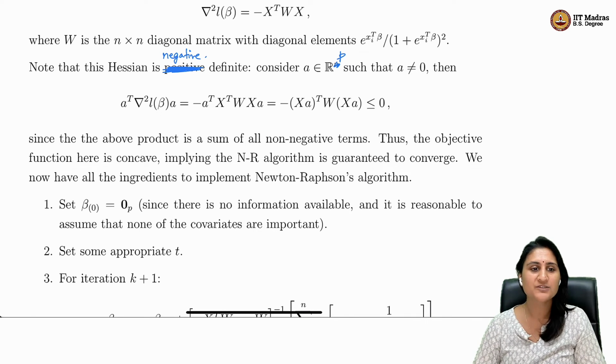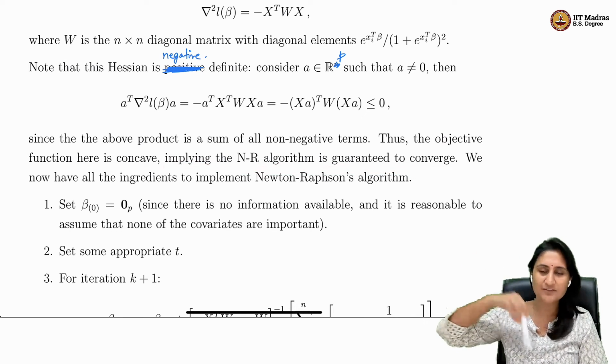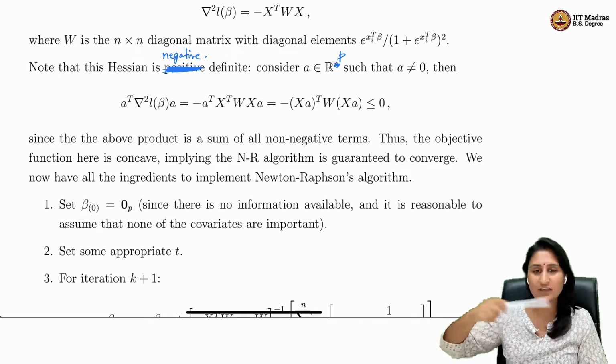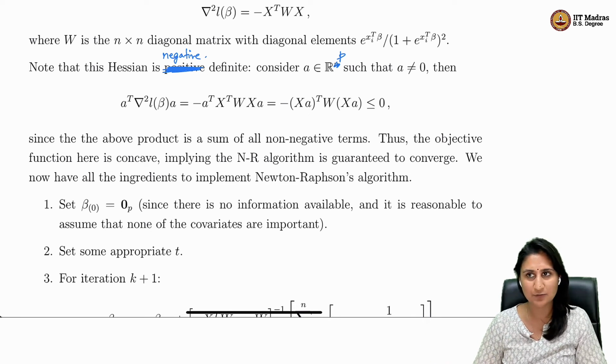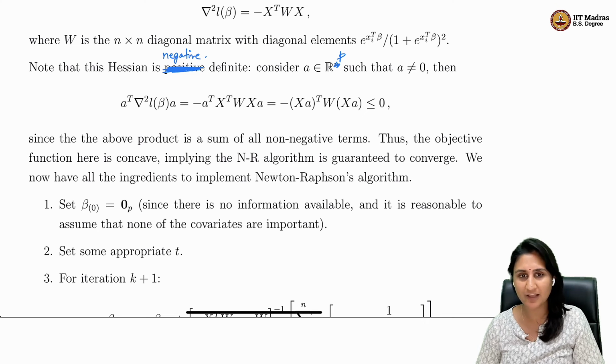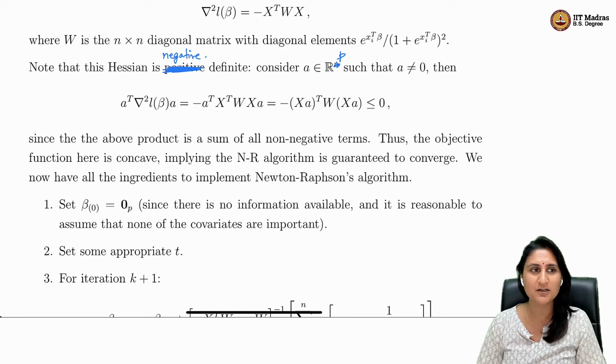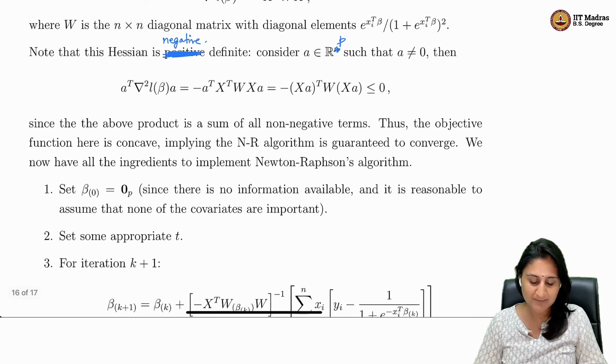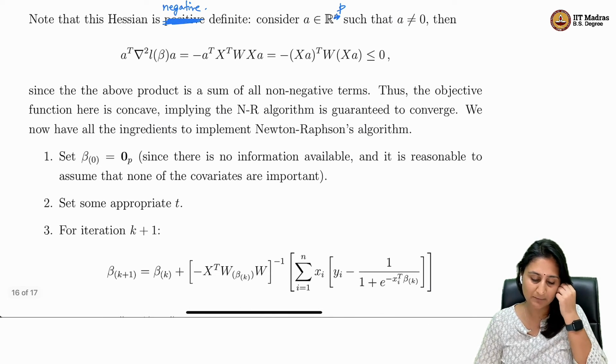Which means that our objective function here is definitely concave, which is great, because it implies that when we implement Newton-Raphson's algorithm, it is in fact guaranteed to converge, right? Because I know my Newton-Raphson algorithm, when it has a concave objective function, is guaranteed to converge. It will not diverge, it will not converge to local minima, it will converge to my global maxima. Okay, which means I can now use this to do my implementation.